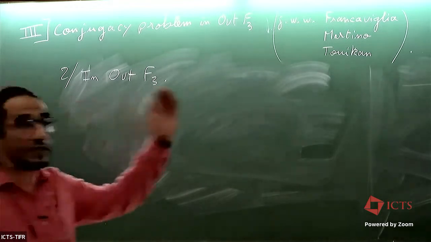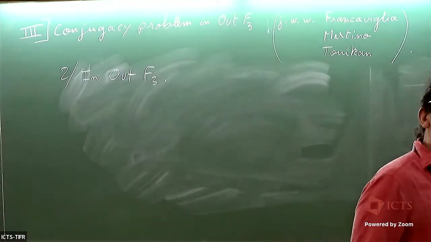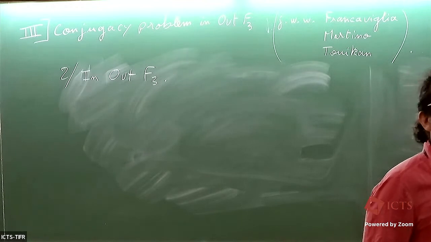And then I don't have this initial trick to identify Out(F3) with a very nice group with a very nice geometry. I don't know how to do that.